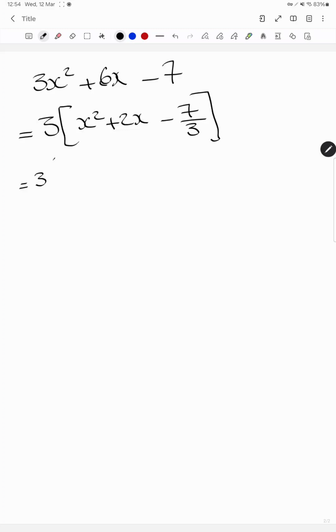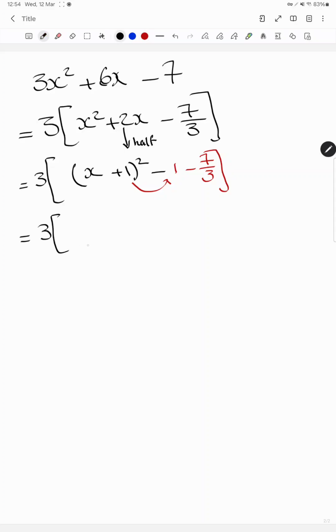Continue as before: bring the x down, half this, so plus 1 squared, minus the square of that, which is 1, minus 7 over 3. And boom, you're done, because you have 3[(x + 1)² - 10/3].